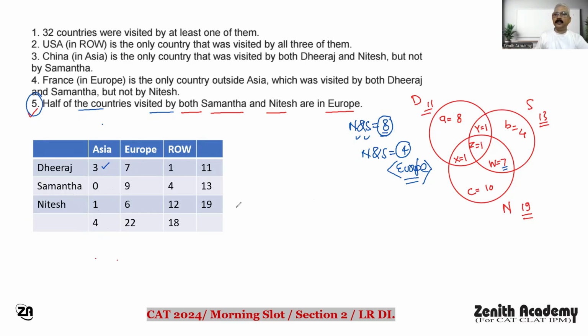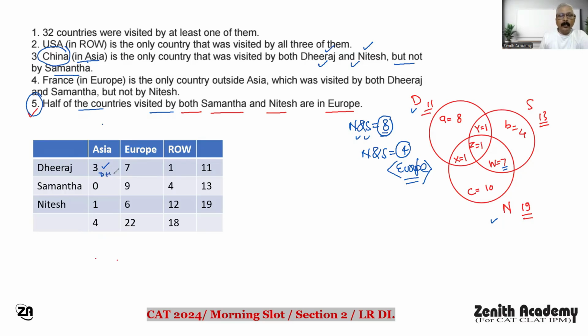Dheeraj and Nitesh visited together only 1 country, not Samantha, in Asia. In Asia, China is the only country where Dheeraj and Nitesh visited together. Samantha is not there. It means 1 country out of 3.